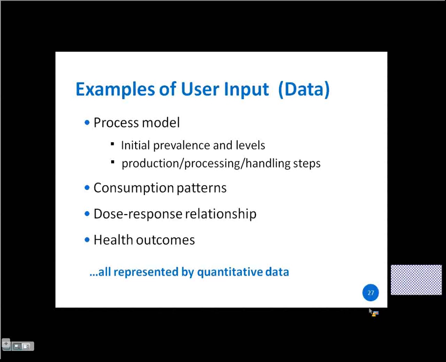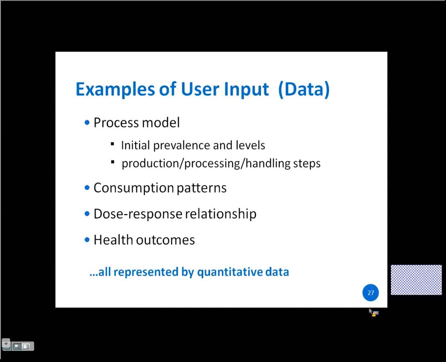The examples I will share will cover the remaining 4 elements that are represented by quantitative data, that is, the process model, consumption patterns, dose-response relationship, and health outcomes. For the sake of simplicity, all the examples will be on microbial hazards.